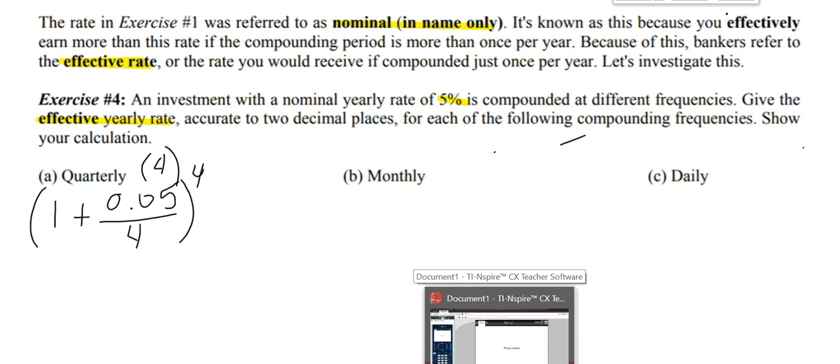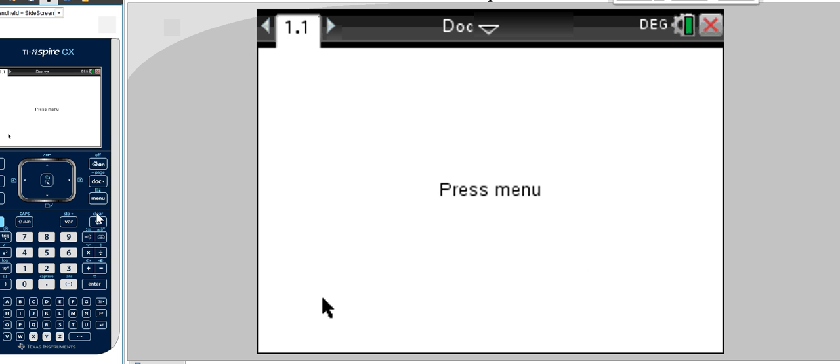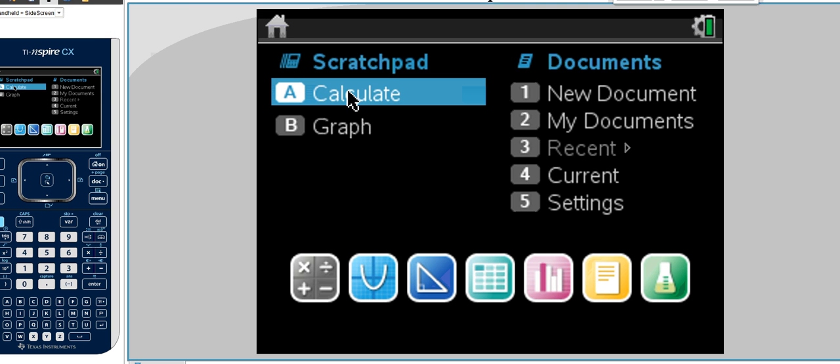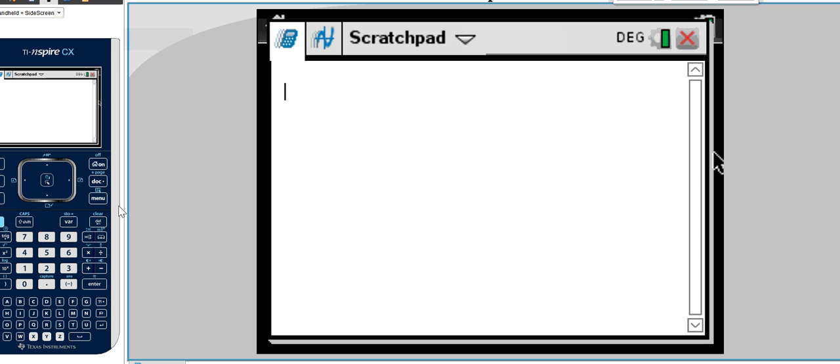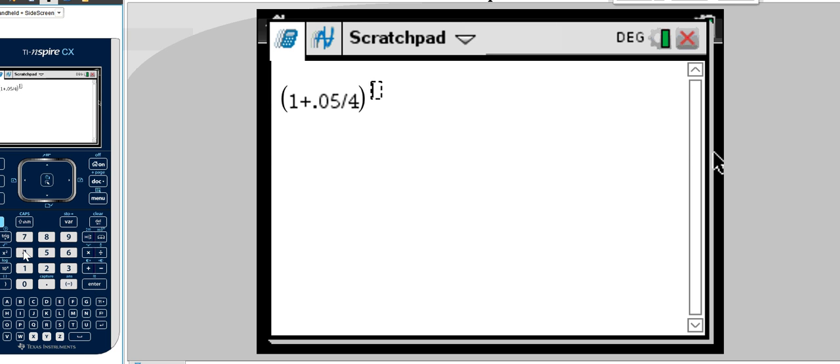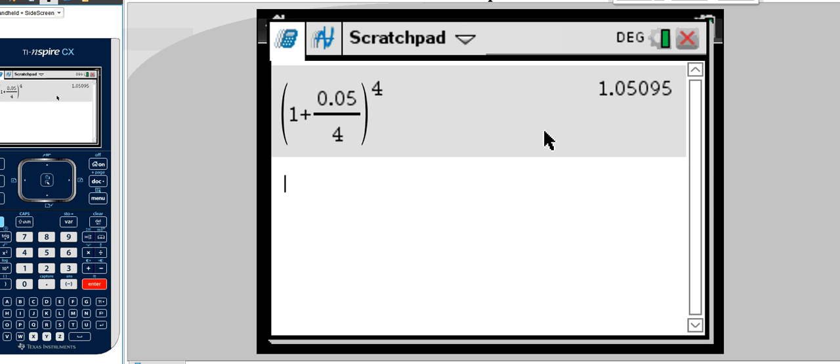Now we're going to put it in the calculator. I put parentheses 1 plus 0.05 divided by 4 in parentheses to the 4th power.